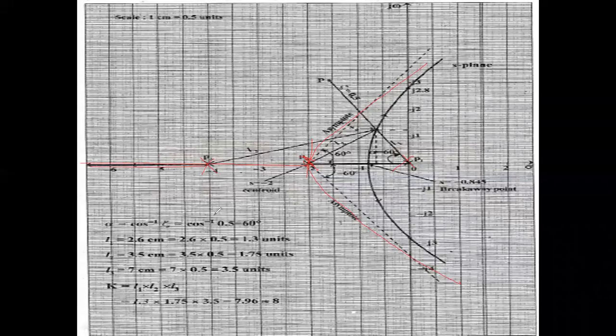Along the straight line asymptotes, the root locus branch moves. Okay. So this is the root locus branch. This root locus branch moves in this direction. Again, this root locus branch moves in this direction. Moves in this direction.